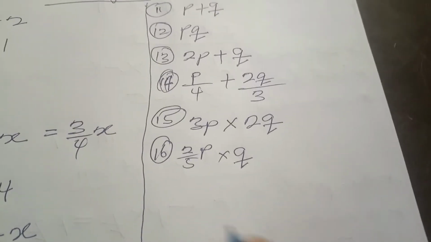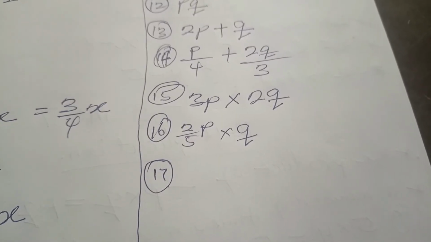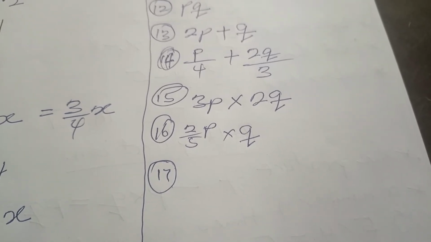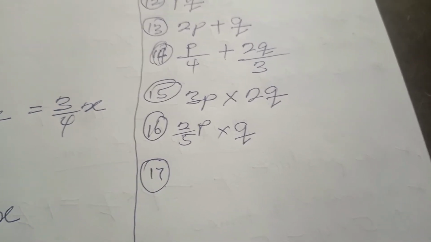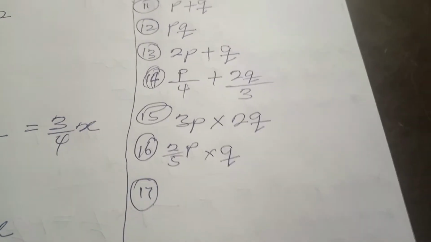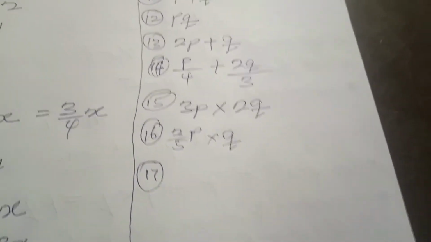Let's take a bit more complex one. x and y are two numbers and x is greater than y. Write down an expression for the difference between the two numbers. In mathematics, difference means the bigger number minus the smaller one.